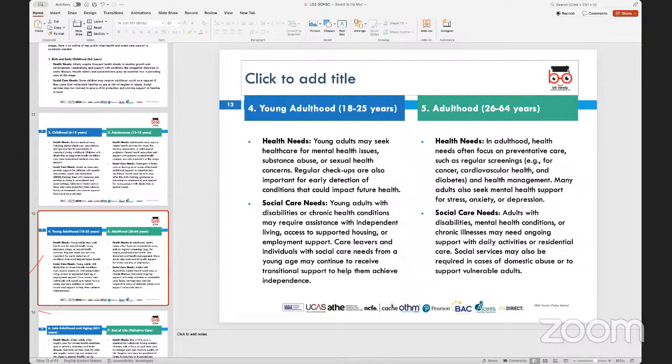And in the middle adulthood, the focus is on preventive healthcare and screening of these conditions and diseases, things like cancer, breast cancer, for example.